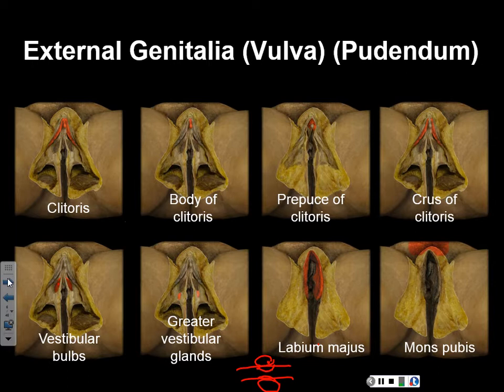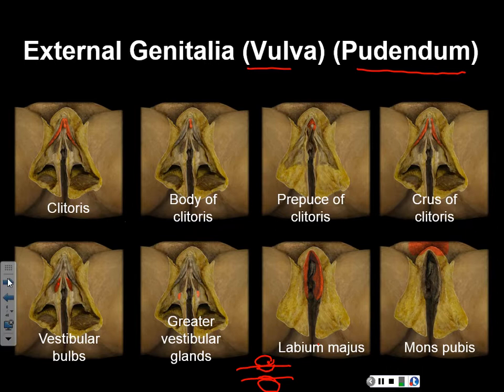And all these external organs, genitalia for the female, the vulva, you know, the vulva is the name for all of them. Vulva is like covering or wrapping. So it covers and protects the opening of the vagina and the opening of the urethra, right? So they're called vulva, all those, the labia majora, labia minora, the vestibule, all those organs on the outside. They're also called pudendum.